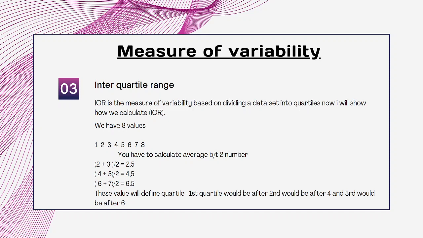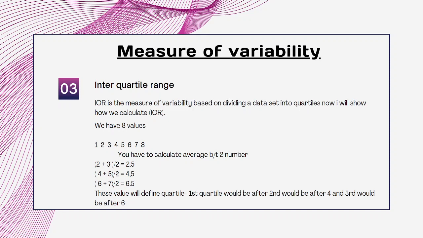Interquartile range, IQR is the abbreviation. It is a measure of variability based on dividing a dataset into quartiles. Now I will show how to calculate it. Like we have given 10 values. We will get the average between two values, like the average of 2 and 3, then 4 and 5, then 6 and 7.